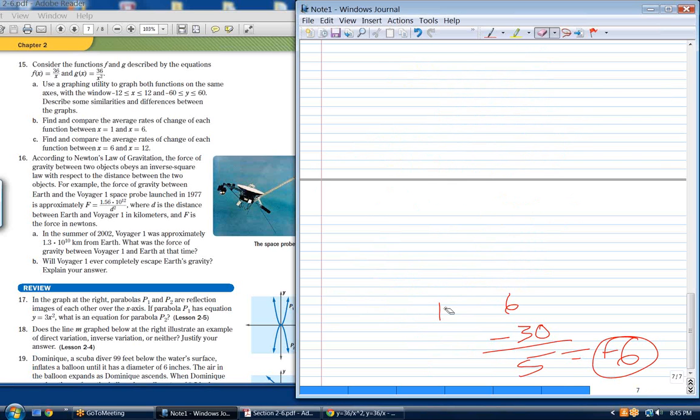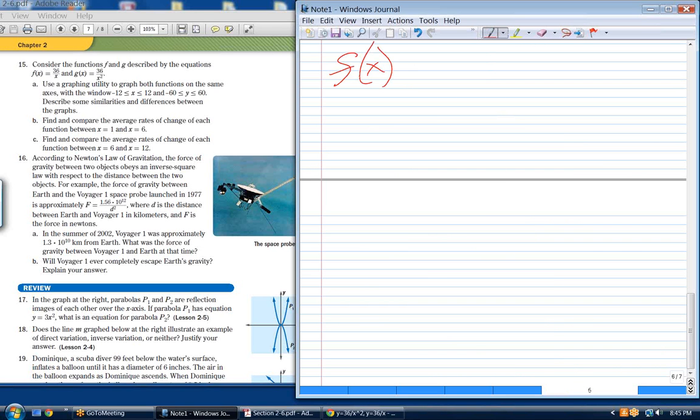So let's do the f first. The f function is 36 over x. So when I go from 6 to 12, what's my average rate of change going to be? Let's set it up as a general equation first.